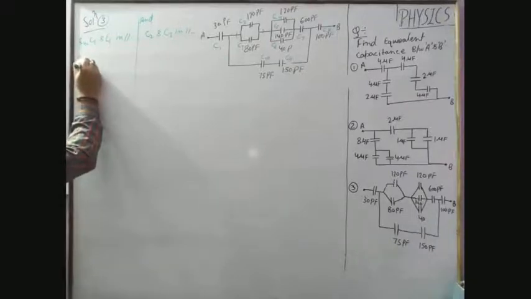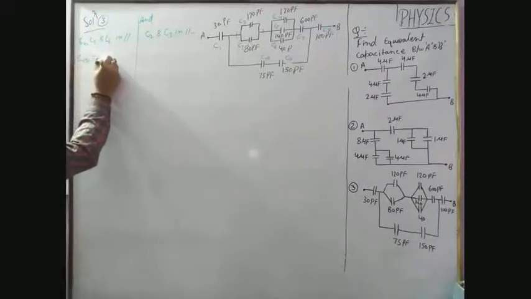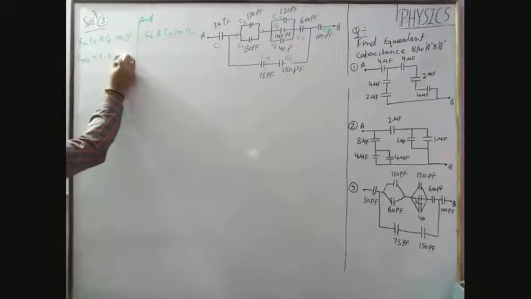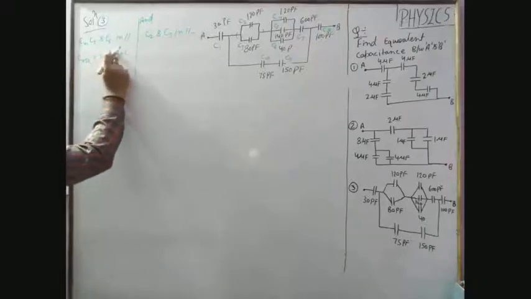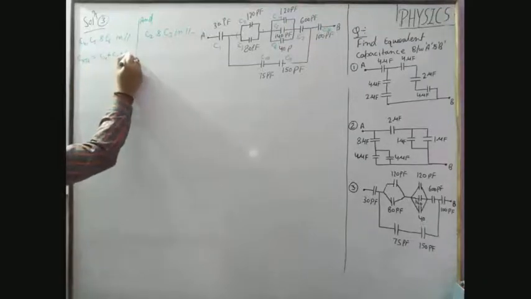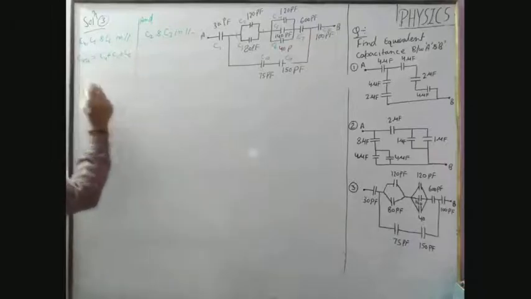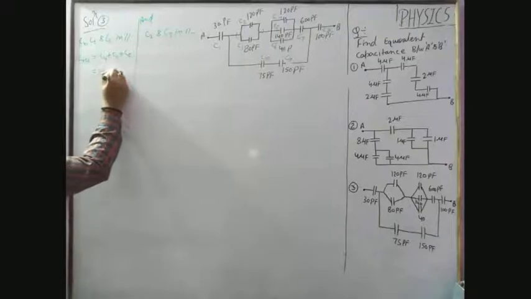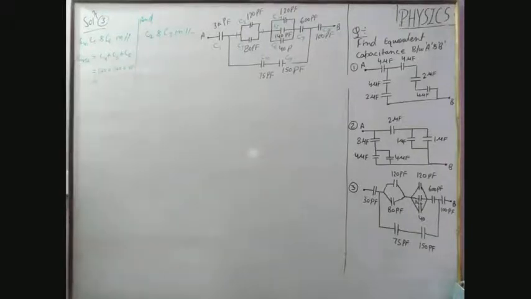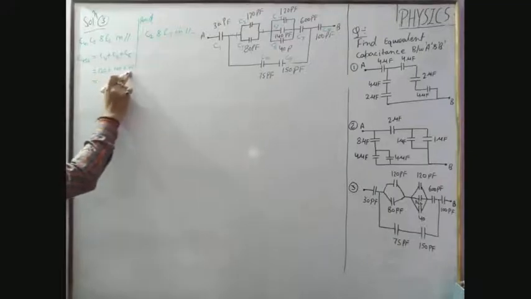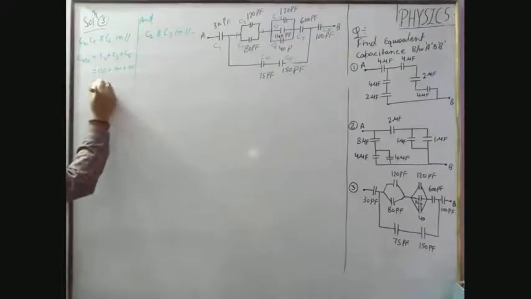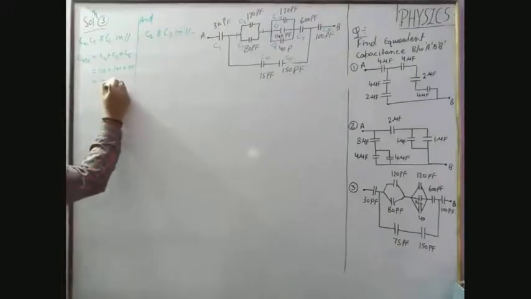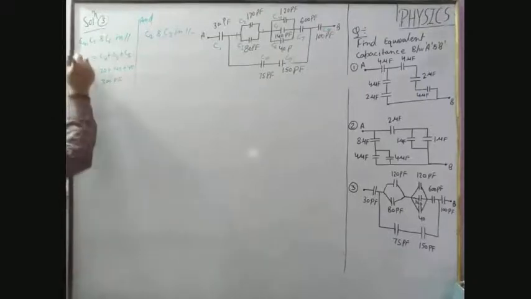C4, 5, 6 is C4 plus C5 plus C6. We have these values: 120 plus 140 plus 40. When we add this, 140 plus 40 is 180, plus 120 is 300 picofarad.